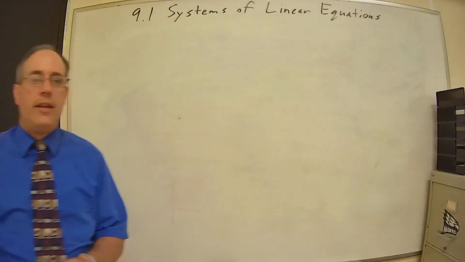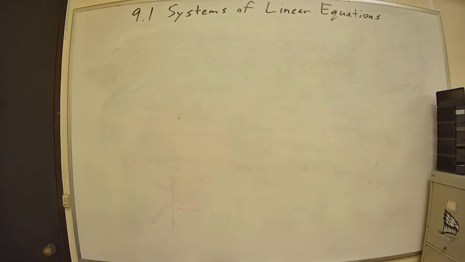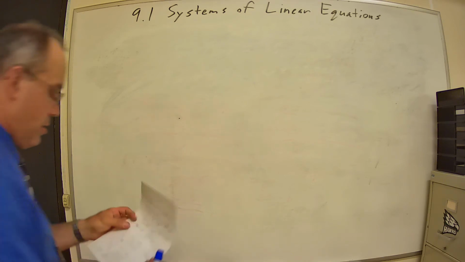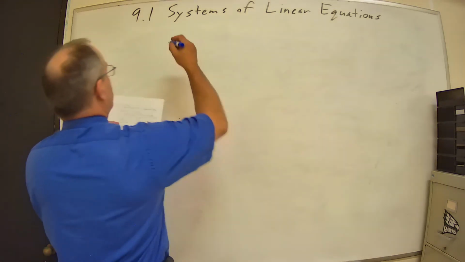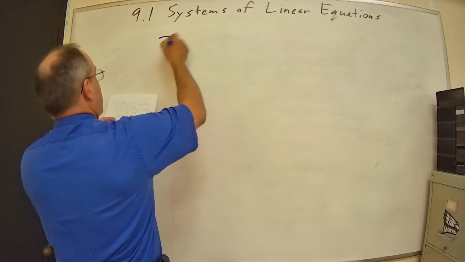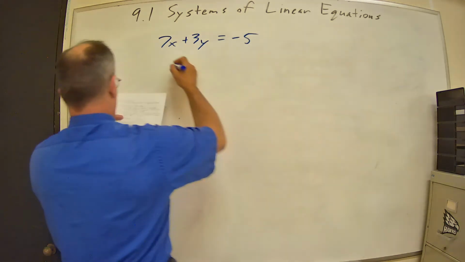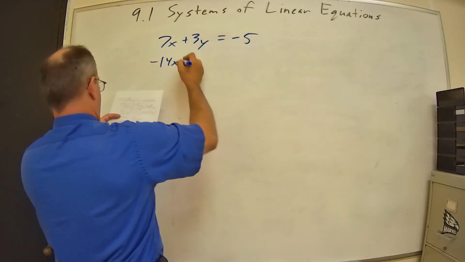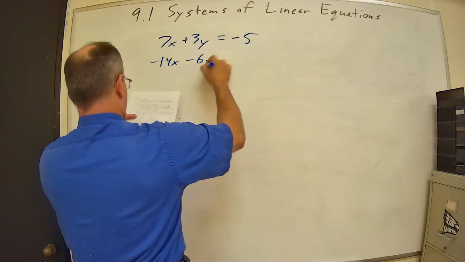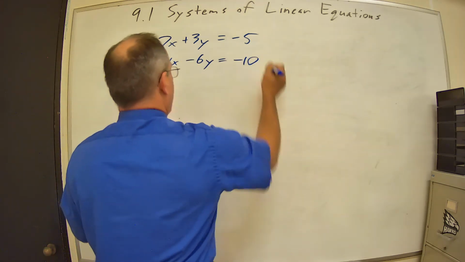So let's try another one and see which we deem to be the easier method for that. So we have 7x plus 3y is equal to negative 5, and negative 14x minus 6y is equal to negative 10.